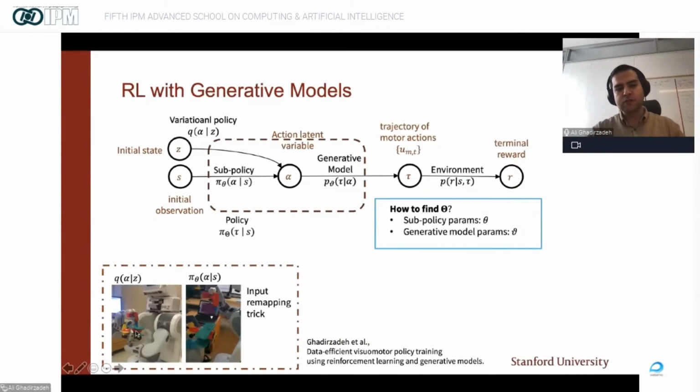The position of the object is given because the object is held by the other arm of the robot. Therefore, we know its exact position. That's the variational policy, but the actual policy does not need that information. It only looks into the image of the object.